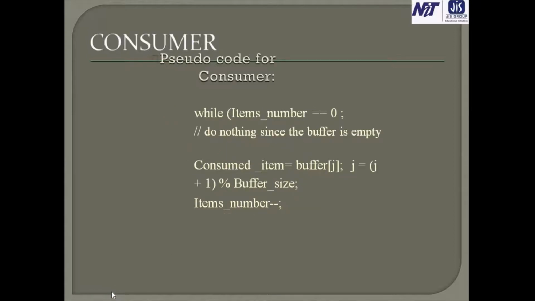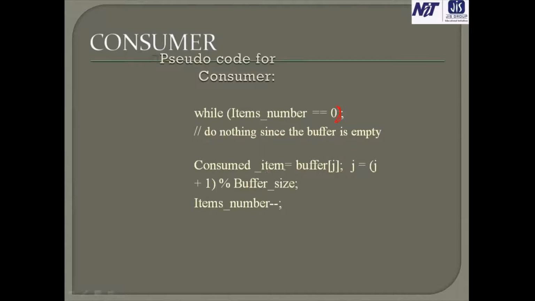If you check the pseudocode of the consumer, first it will check if the item number equals 0. If so, it will not fetch anything because the buffer is already empty. It will not consume anything because there is no data or information in the buffer.